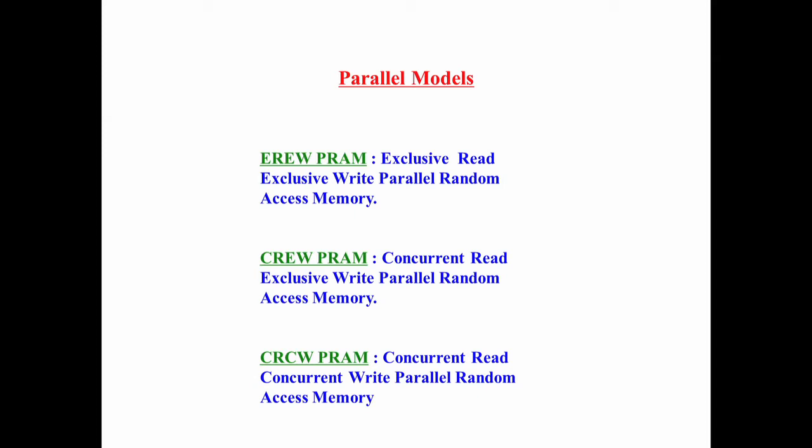A CREW model, where if I freeze at a point, one or more fellows can read from the same location, but no two fellows write to the same location. There is a third model where any number of people can read from any location or write into the location. So the program that you write may satisfy one of these criteria.